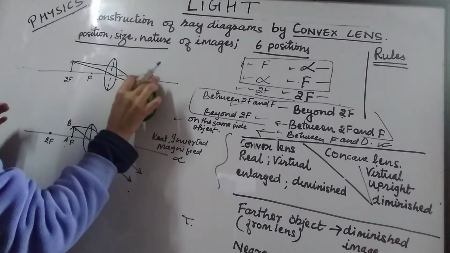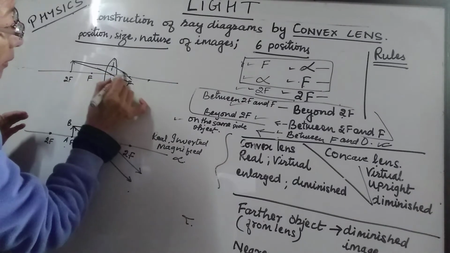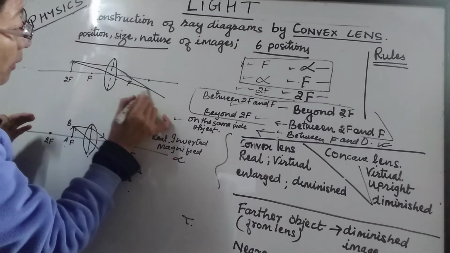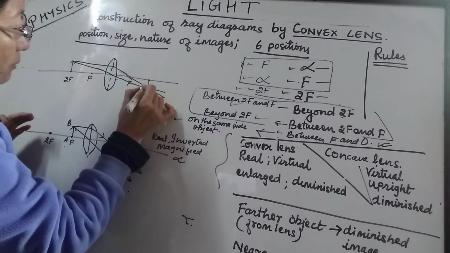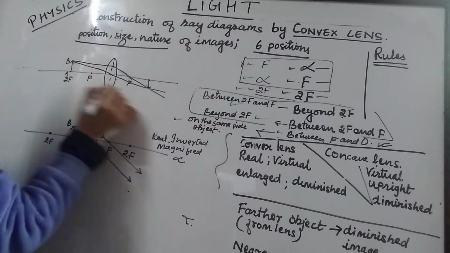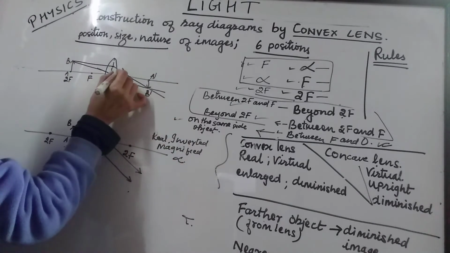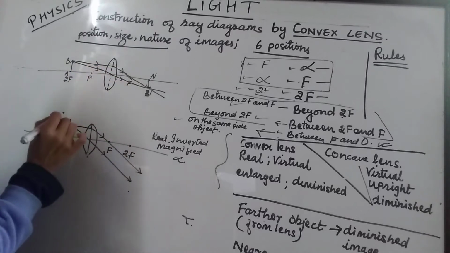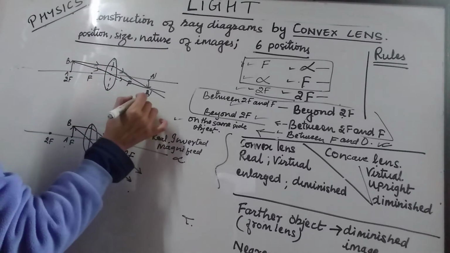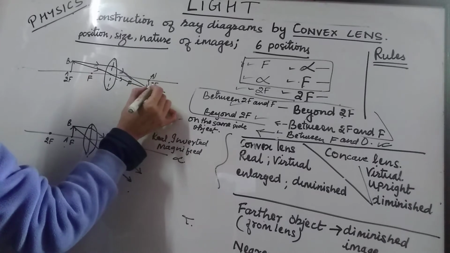It should be the same size as the object, right? Hopefully it is the same size, because I am drawing freehand. A B, and this is A dash B dash. The object is at 2F, the image is also at 2F. This is F, this is 2F position.